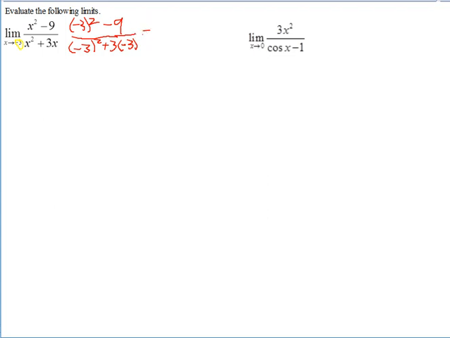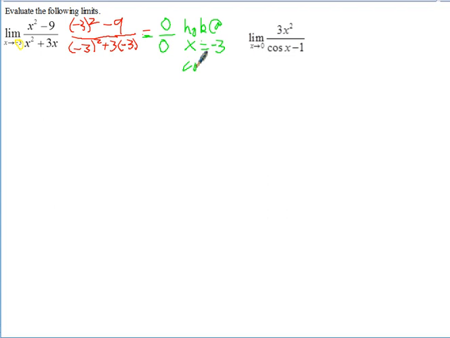Well, that gives you 9 minus 9 is 0 over 9 minus 9 is 0. So what that tells you, remember, is you have a hole at x equals negative 3.